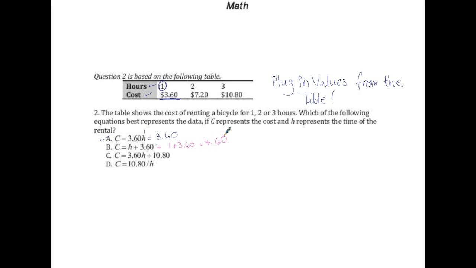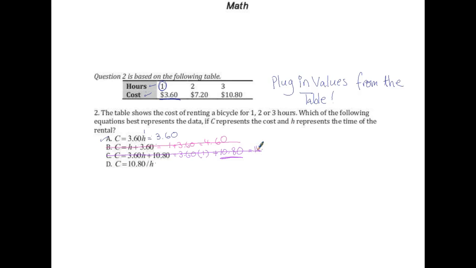So, B does not satisfy the table. Let's look at C. 3.60 times 1 plus 10.80, it's very clear that it will not satisfy. This is equal to 14 point something, very big value, way above 3.60.